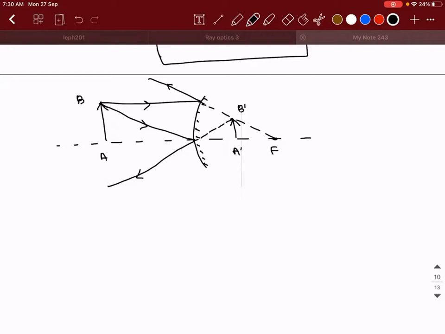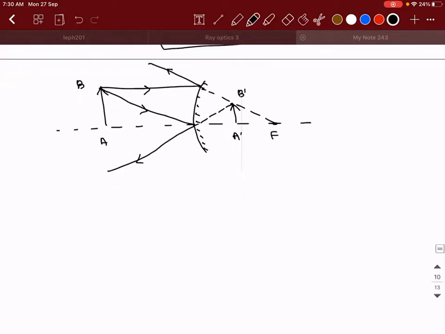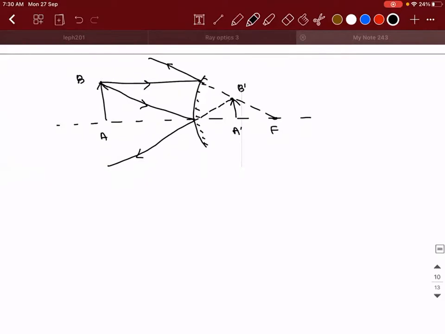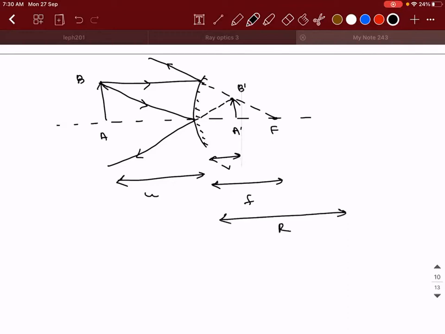So this will be AB and this will be A dash B dash. This distance will be U, this distance will be V, this distance will be F, and this distance will be R, where this point is the center of curvature.